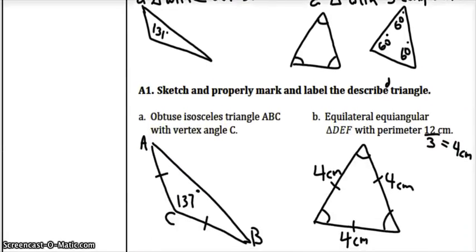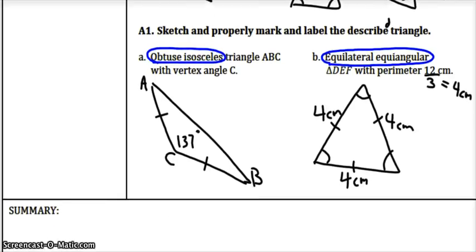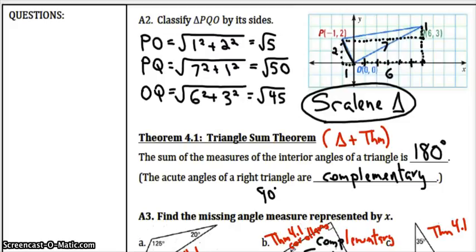So here we go ahead and obtuse, isosceles, vertex angle, that's something. Equilateral, equiangular. We're taking a look at this. Again, this is part of the revisiting and revising here.